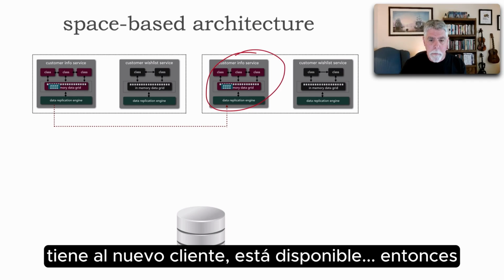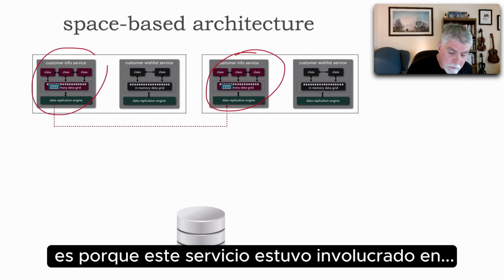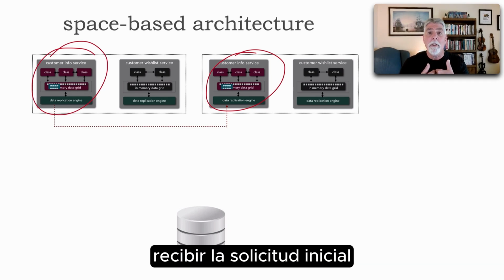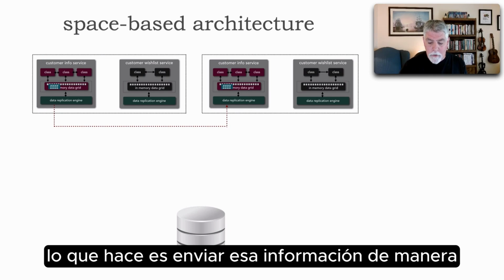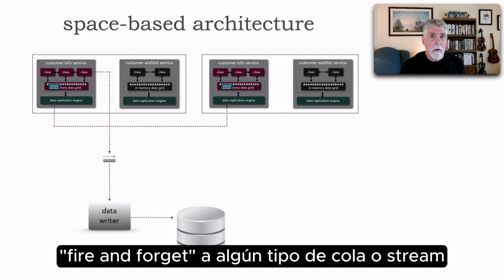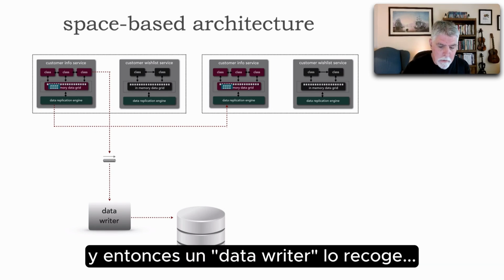It's available. Now, because this service received the initial request, let me put it that way, what it does is it then sends that information, fire and forget, to some sort of queue or stream. And then a data writer would pick that up.